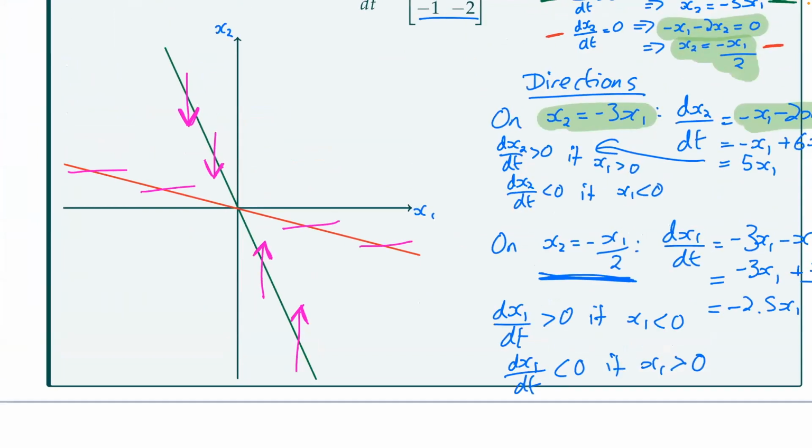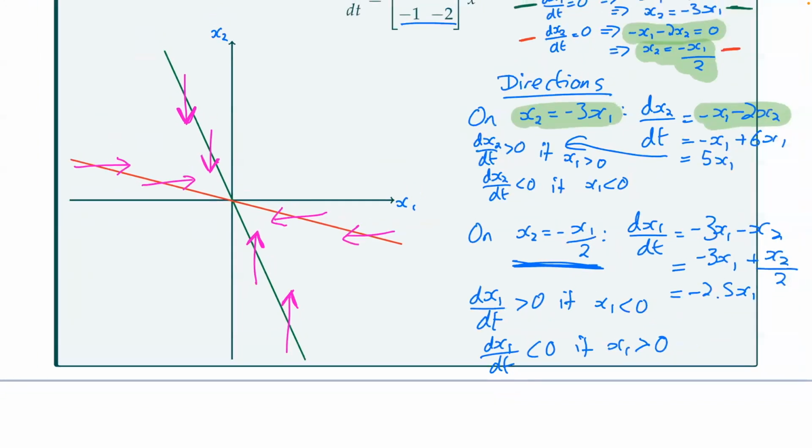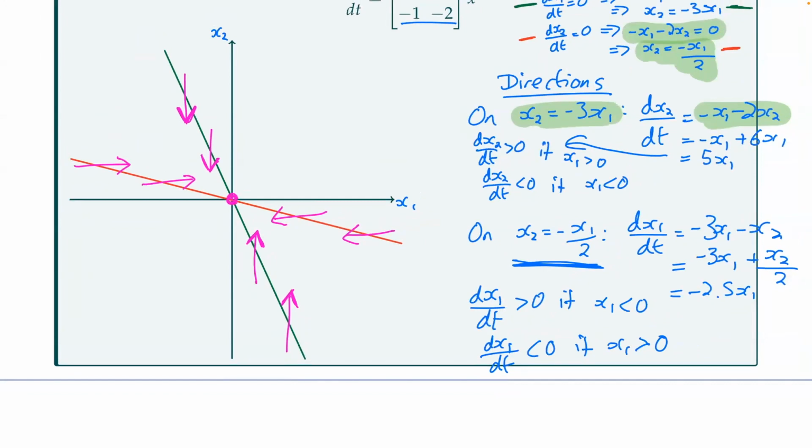So now we're on this red line here. If x1 is negative, dx1/dt is positive, so that means we move to the right. And if x1 is positive, dx1/dt is negative, so we move to the left. Okay. We have this one intersection here because we're in this linear system.